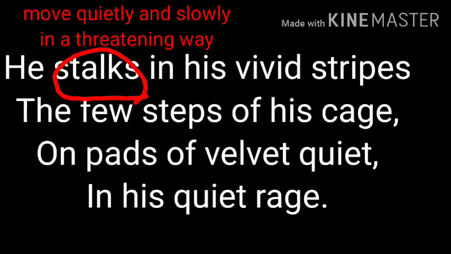So the tiger here stalks. Stalks means to move quietly and slowly in a threatening way.